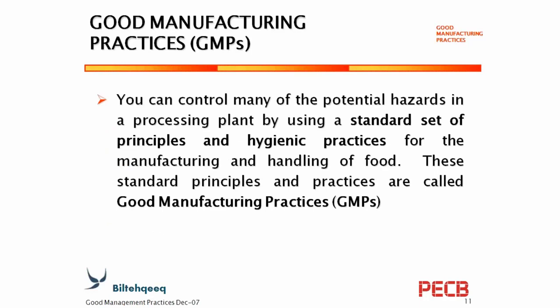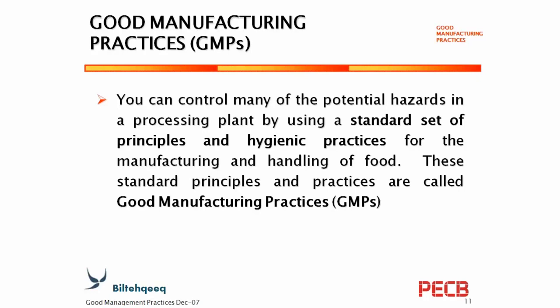If we look at good manufacturing practice, using good manufacturing practice you can control many of the potential hazards in a processing plant by using a standard set of principles and hygiene practices for the manufacturing and handling of food. These standard principles and practices are called good manufacturing practices.